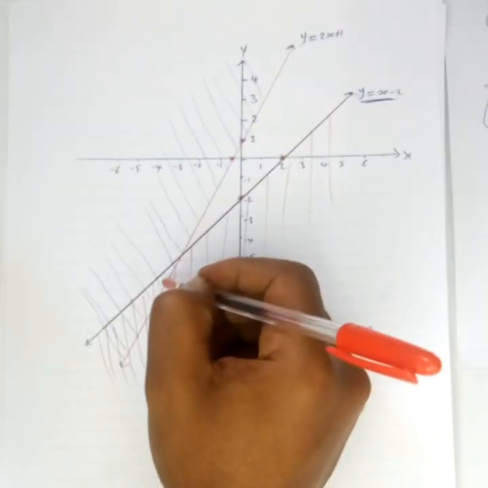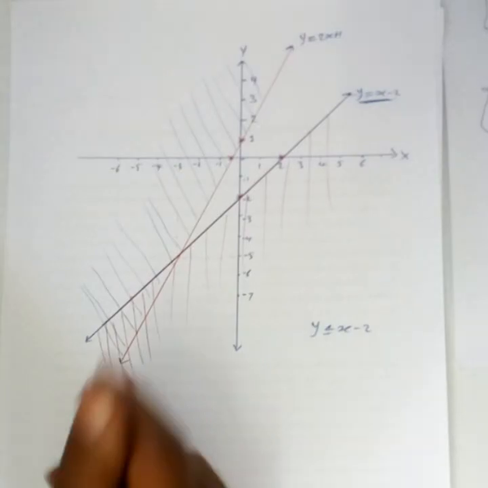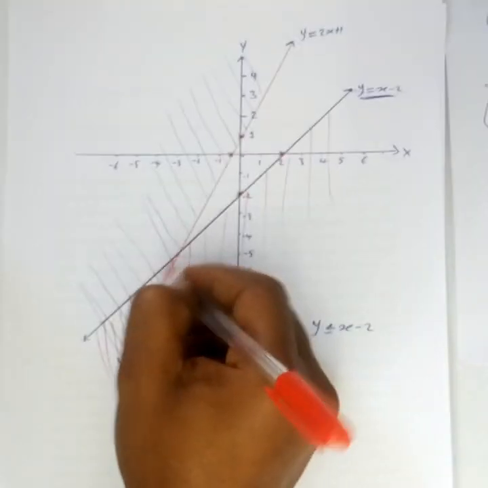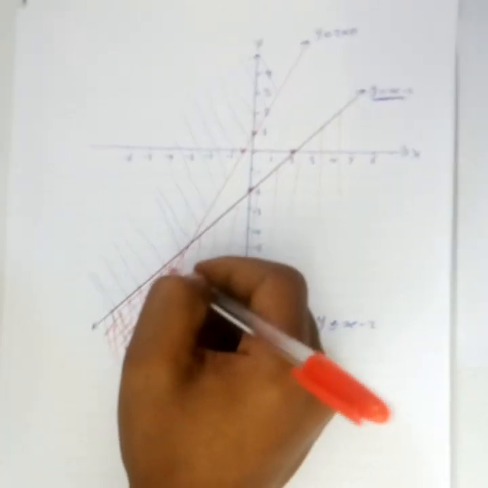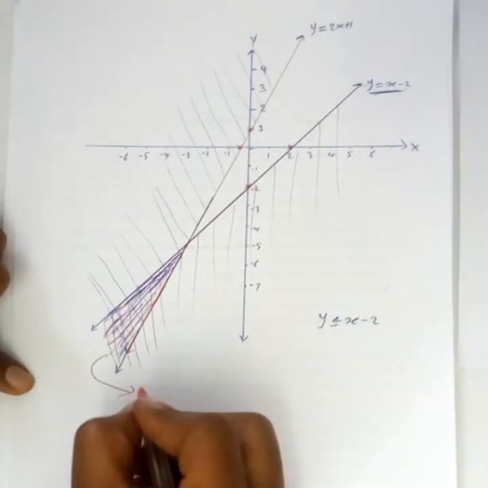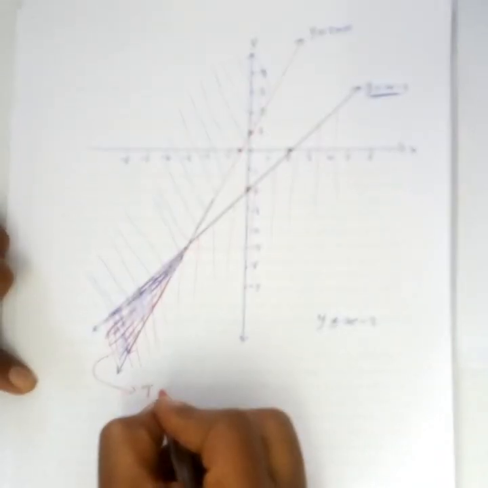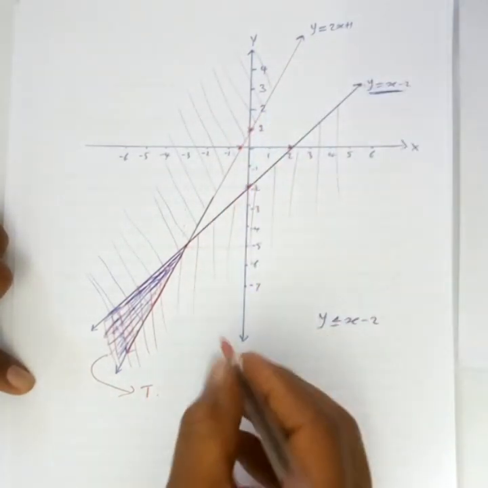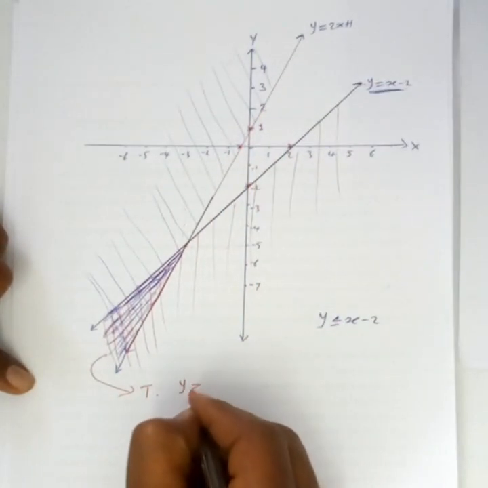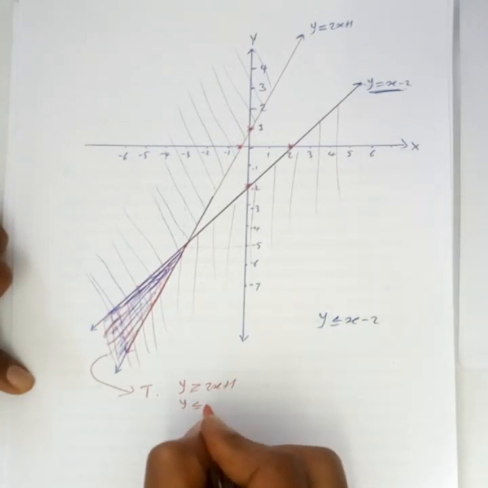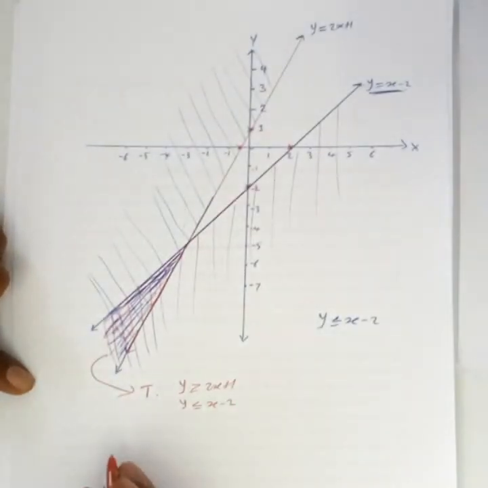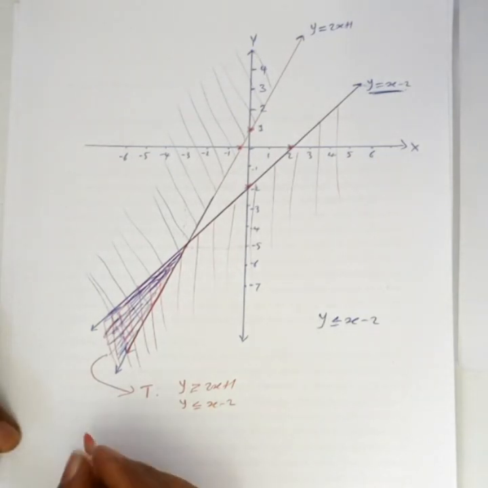As we can see, the region where the blue and red colors merge is this area. This shaded region indicates the relation T with the inequalities y is greater or equals to 2x plus 1 and y less or equals to x minus 2.